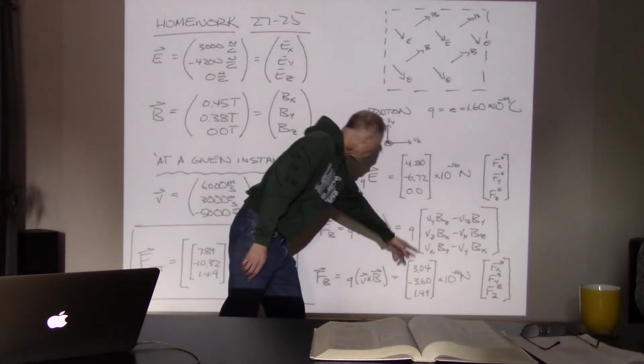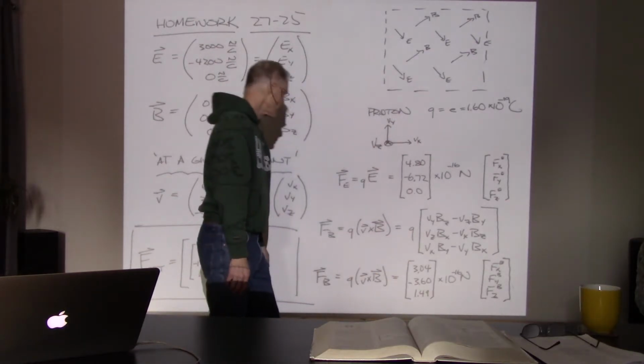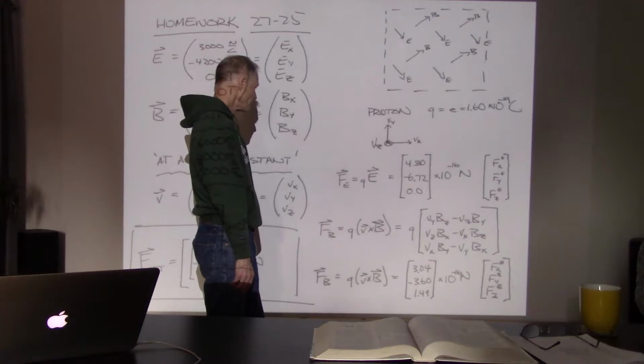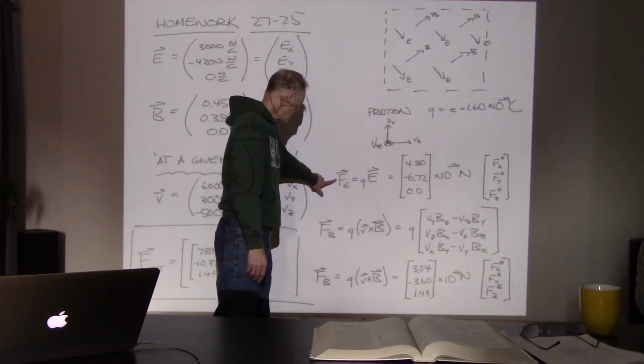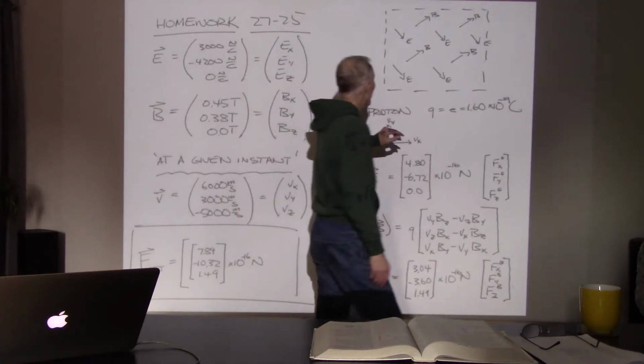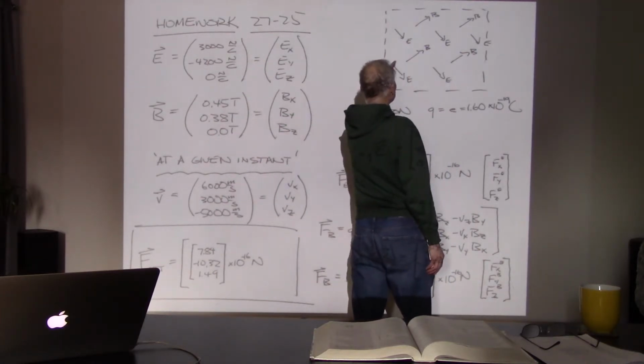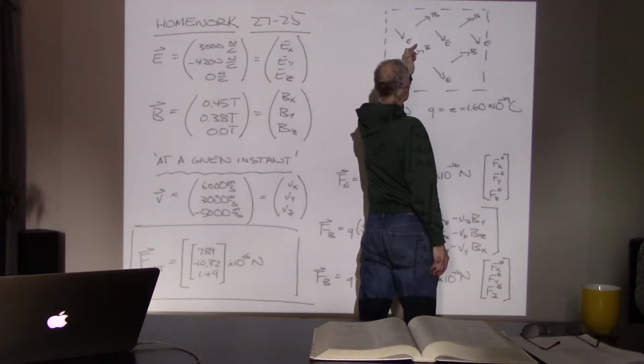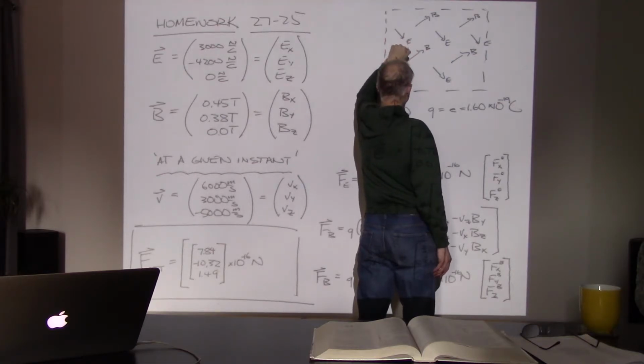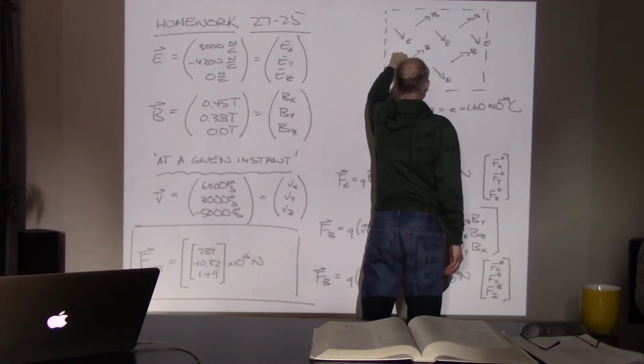Anyway, I got components for the magnetic force. And what was kind of interesting is they're in the same direction. The forces are actually in similar directions. Let's see what happened here. There was a velocity going like this with some z direction. I guess it was the z direction that made the difference.